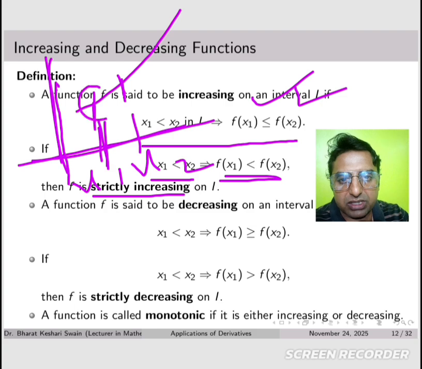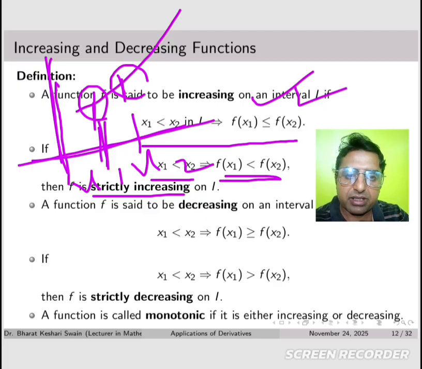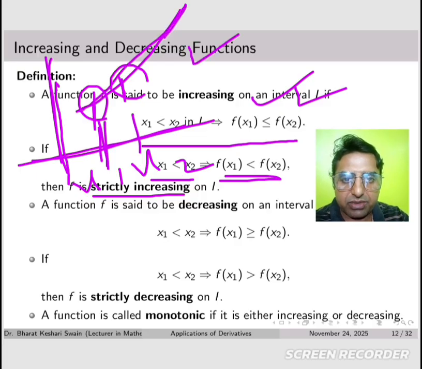If x1 is less than x2, meaning x2 is greater, then f(x2) is also greater. If x1 is less, then f(x1) is also less. So this is an increasing function. This graph is a graph of an increasing function, because it is increasing as the value of x is increasing. This is your x, this is your f(x).